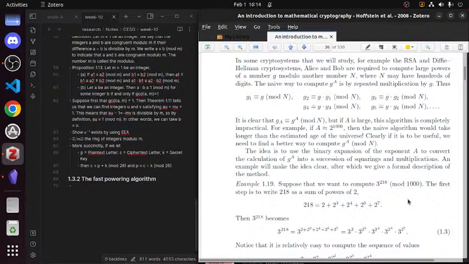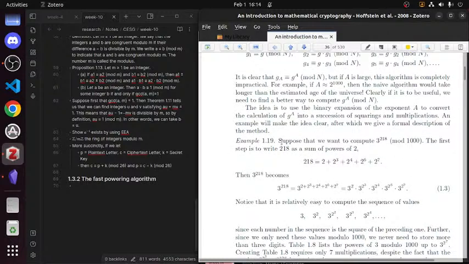An example will make the idea clear, after which we give a formal description of the method. Suppose that we want to compute 3 to the 218, mod 1000, so nothing crazy.